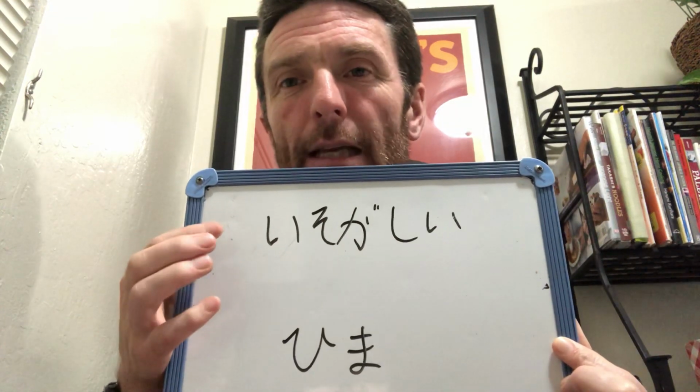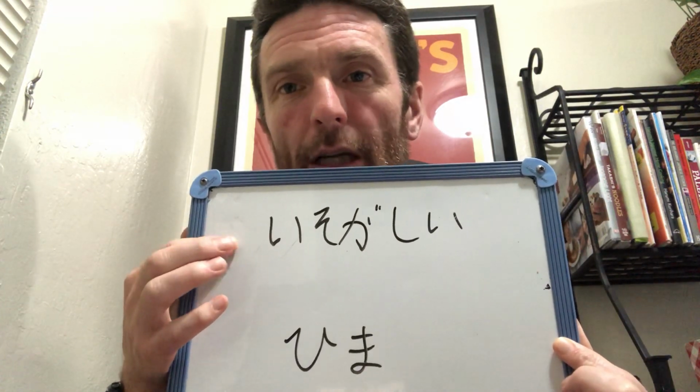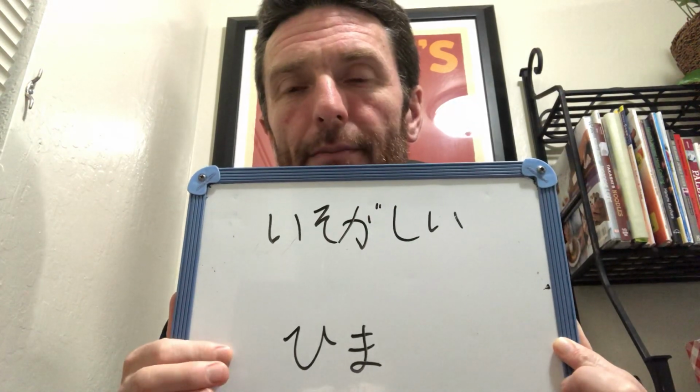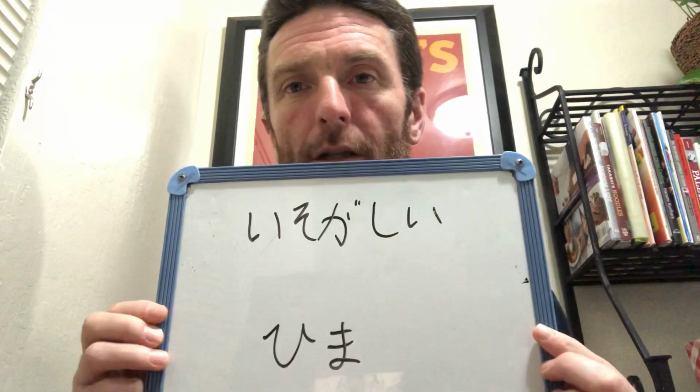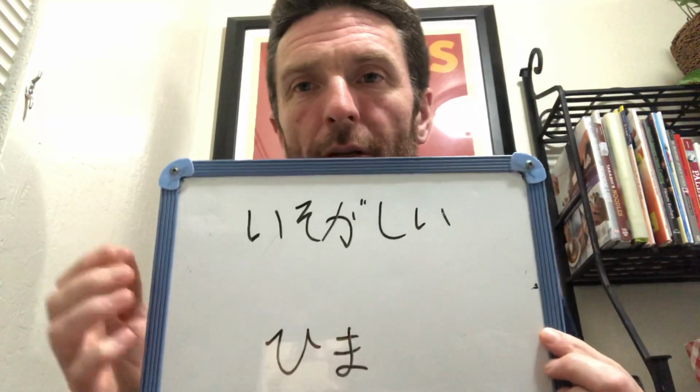And so we can say isogashikatta ri, hima datta ri desu. It's not a real hard pattern to learn, but just remember the difference: with verbs, we do tari tari shimasu for I do this, this, and other things. And here we have tari tari desu for sometimes it's this, sometimes it's this.